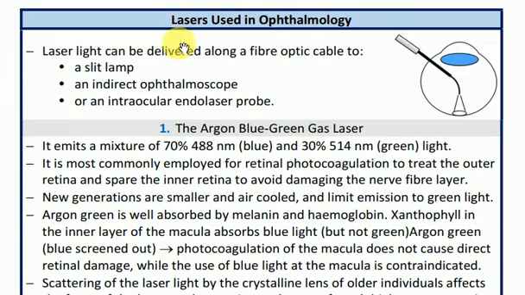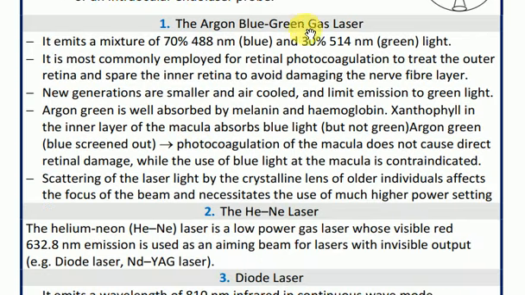Lasers used in ophthalmology. Laser light can be delivered along a fiber optic cable to a slit lamp, indirect ophthalmoscope, and intraocular endolaser probe. First one is the argon blue-green laser. It is a mixture of 70% blue, which is 488 nm, and 30% green, which is 514 nanometer light.